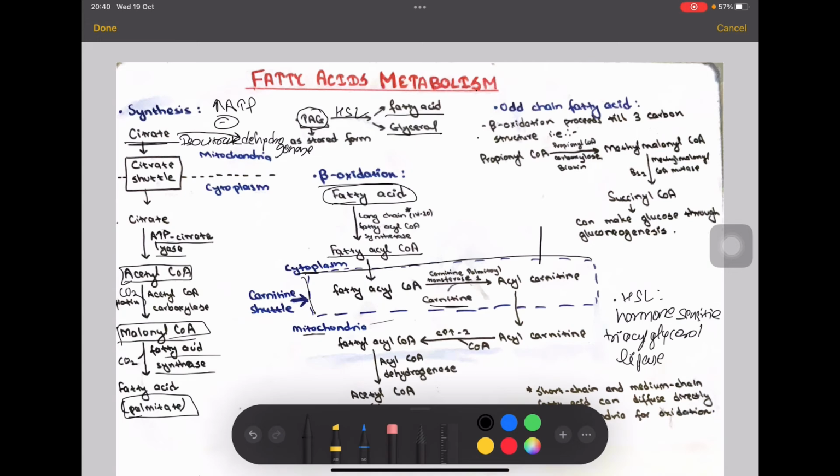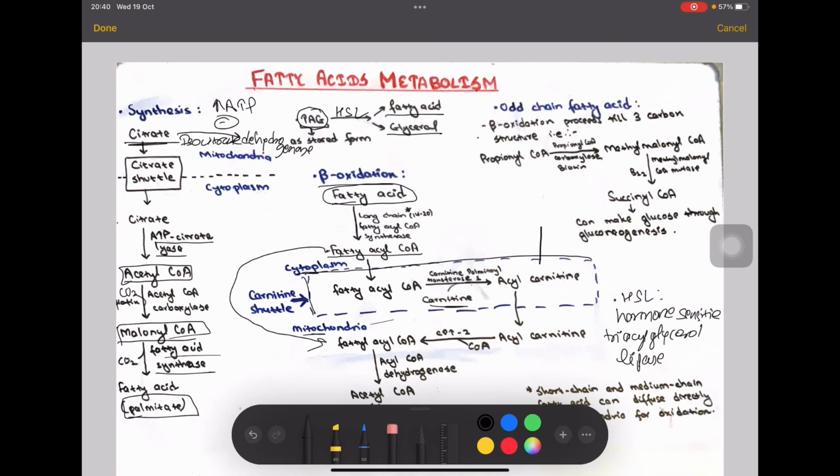Acyl carnitine can diffuse into the mitochondria, and there it is converted back into fatty acyl CoA by carnitine palmitoyl transferase 2. So the fatty acyl CoA has to move from the cytoplasm to the mitochondria, and this whole process is what we call the carnitine shuttle.